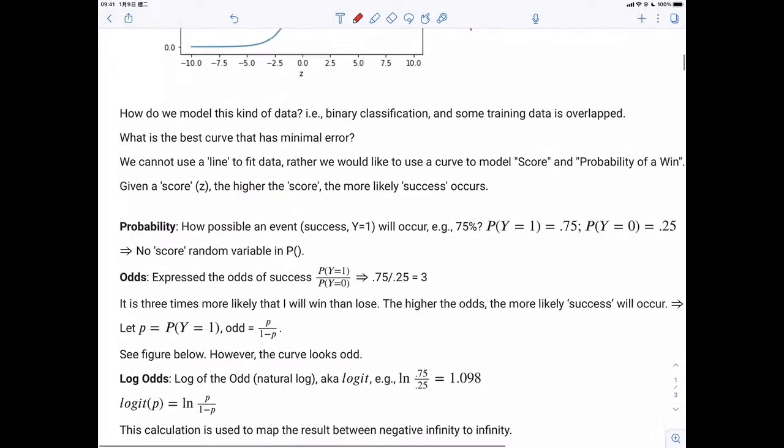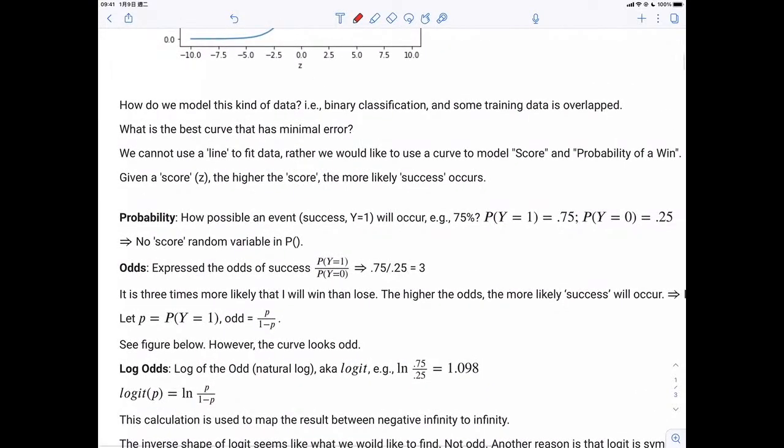So here is the slide. How do we model this kind of data? First, the target looks like a binary value, so we would like to do binary classification given big X. I would like to show what the Y value of this data is.